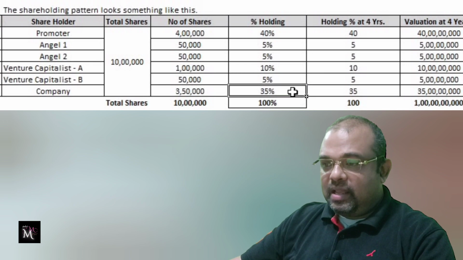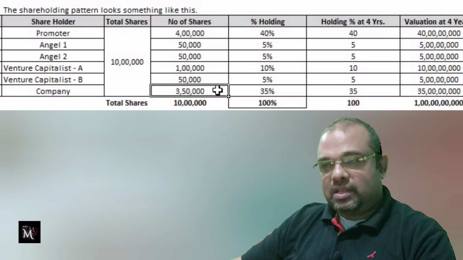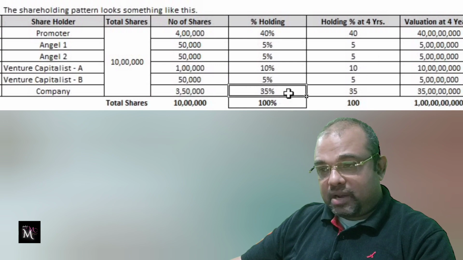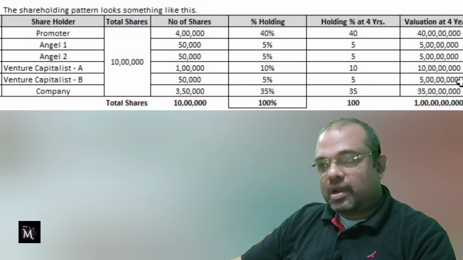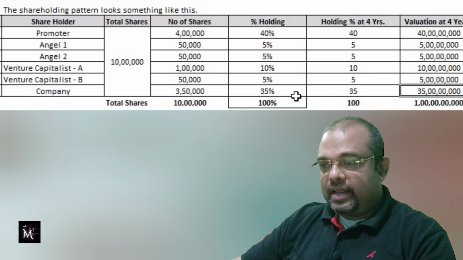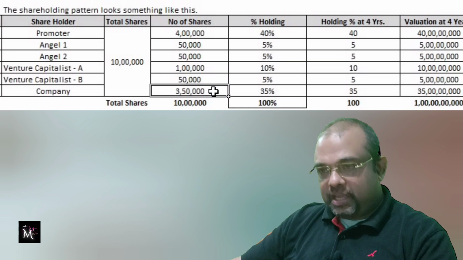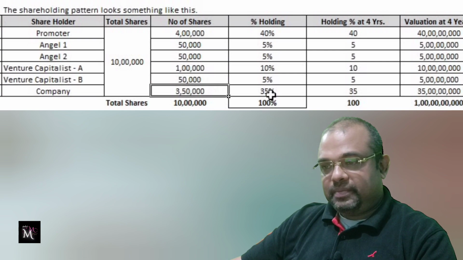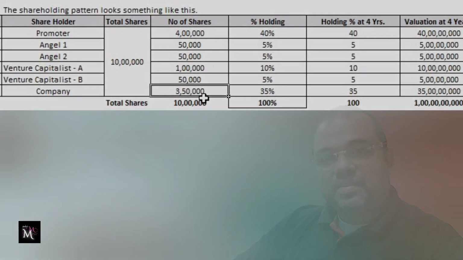The company now holds 35% shares, which is 350,000 shares, and 35% of 100 crores is 35 crores. Once again, these 350,000 shares are authorized shares with the company, but they are not allocated to anybody. These 350,000 shares still remain with the company.